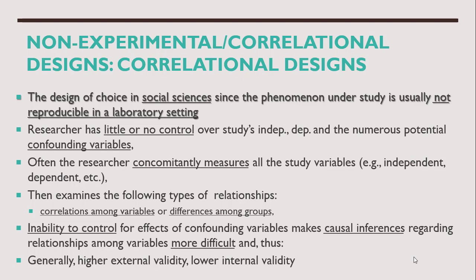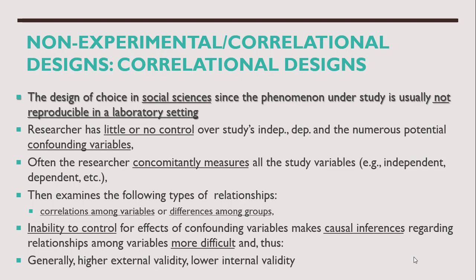Remember when we were talking about weak and strong hypotheses. A strong hypothesis may be able to give you direction. A weak hypothesis will give you no direction and no causality.